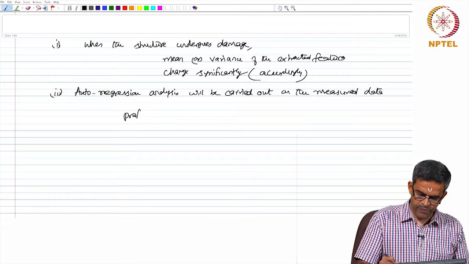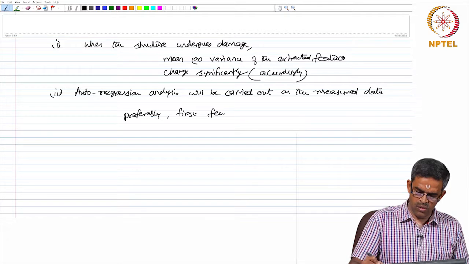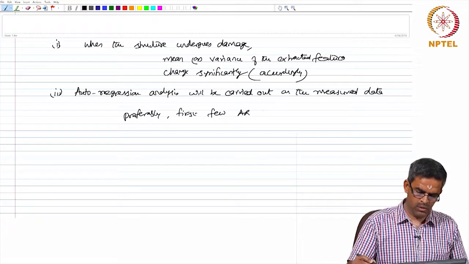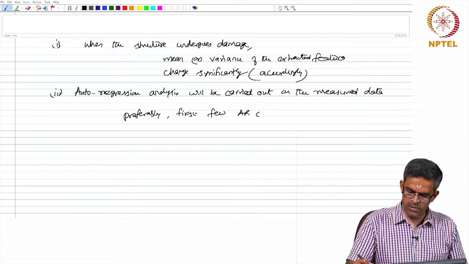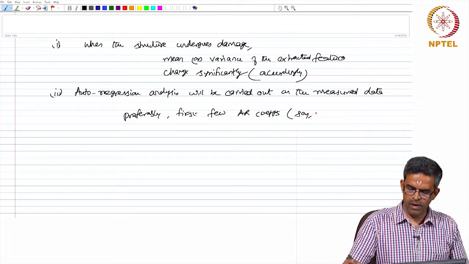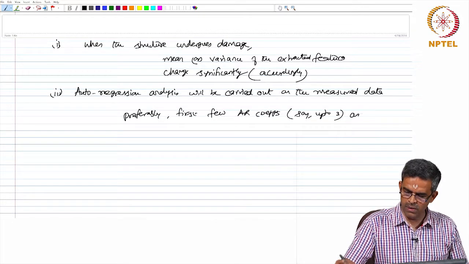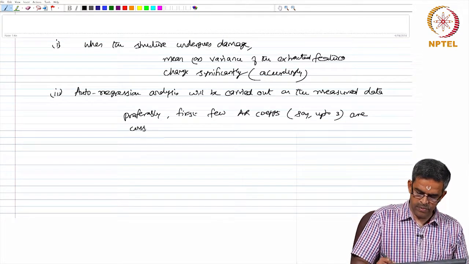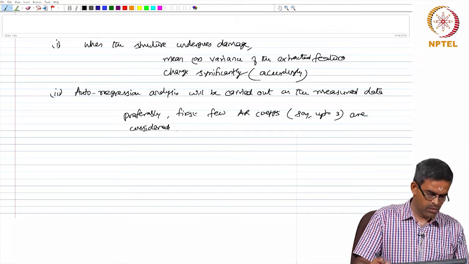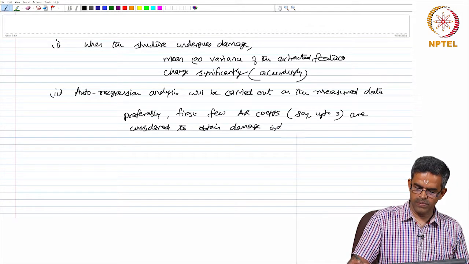Preferably the first few auto-correlated regression coefficients, say up to 3, are considered to obtain damage indications.